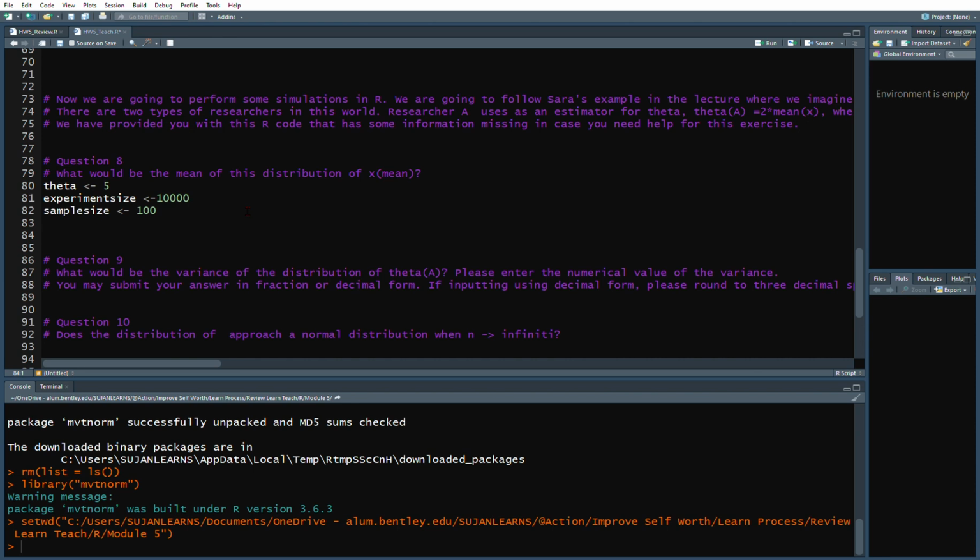Now we'll draw random samples from a uniform distribution between 0 and theta, where for now theta is equal to 5. RUNIF is a random uniform distribution, where the number of draws is sample size times experiment size.